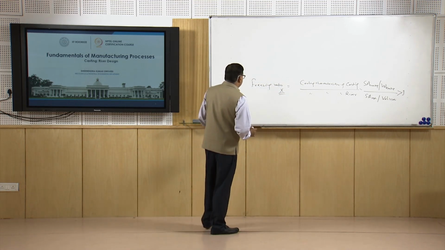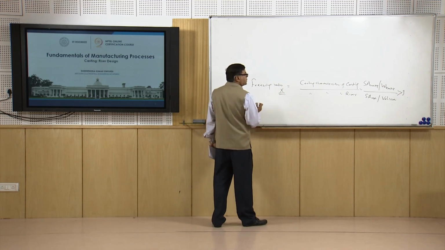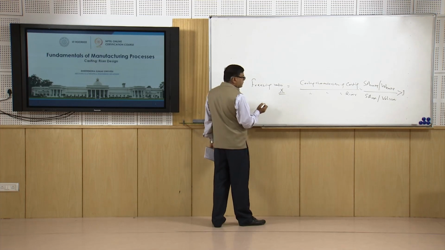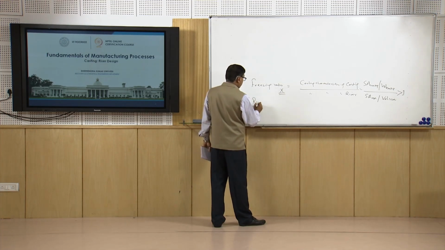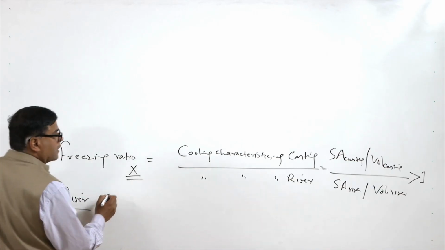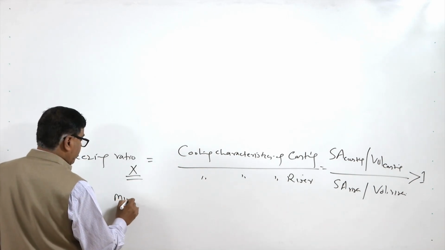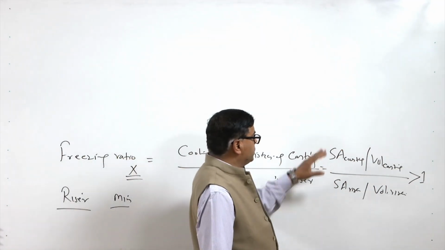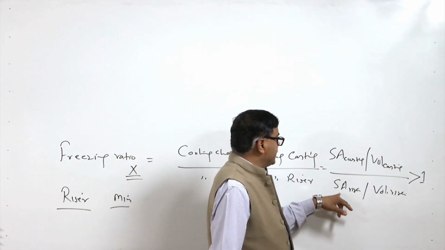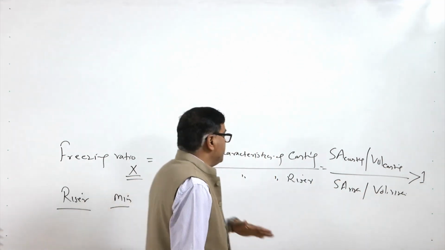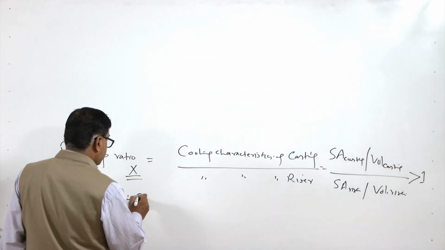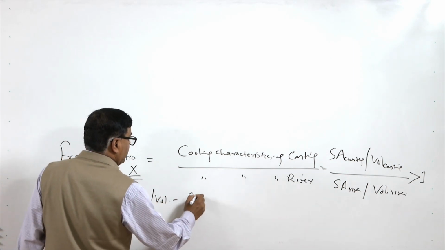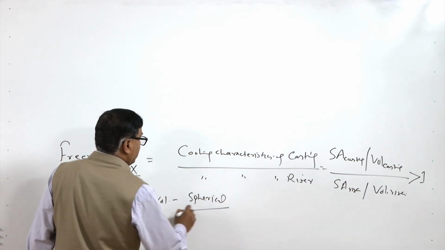So according to this, what are the possible shapes for the riser? To have a higher value of this ratio, it is required that the riser's surface area to volume ratio is minimum, and the minimum surface area to volume ratio is obtained in case of spherical shapes.